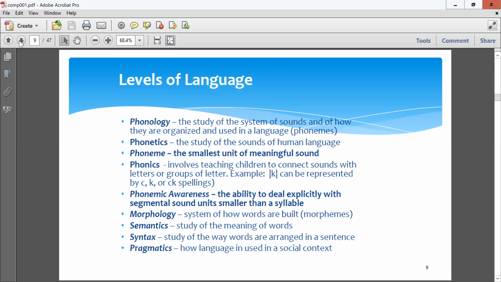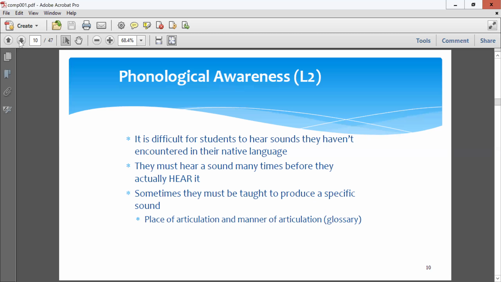Semantics is the study of the meaning of words. So there are multiple meaning words. We're looking at semantics. Syntax is the way we organize words in a sentence, and that can vary from language to language. And then pragmatics is how you use language within a social context.